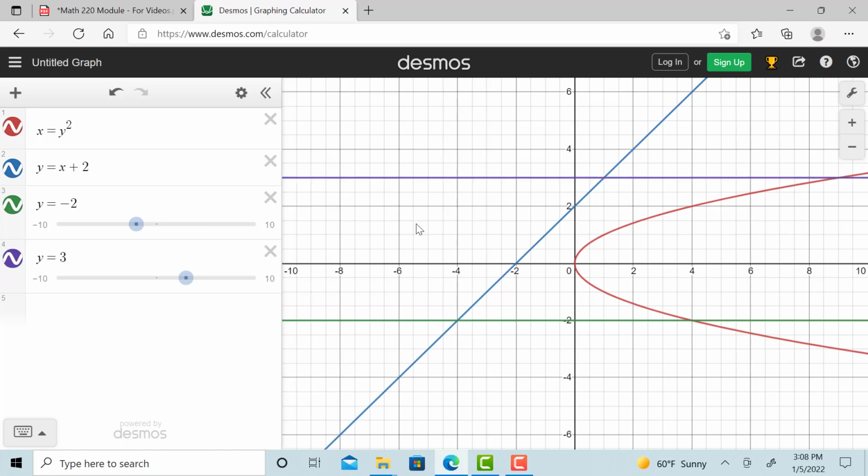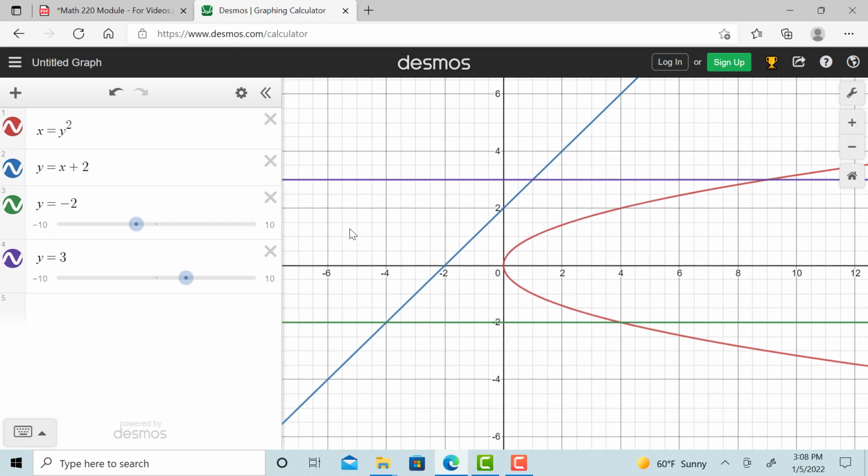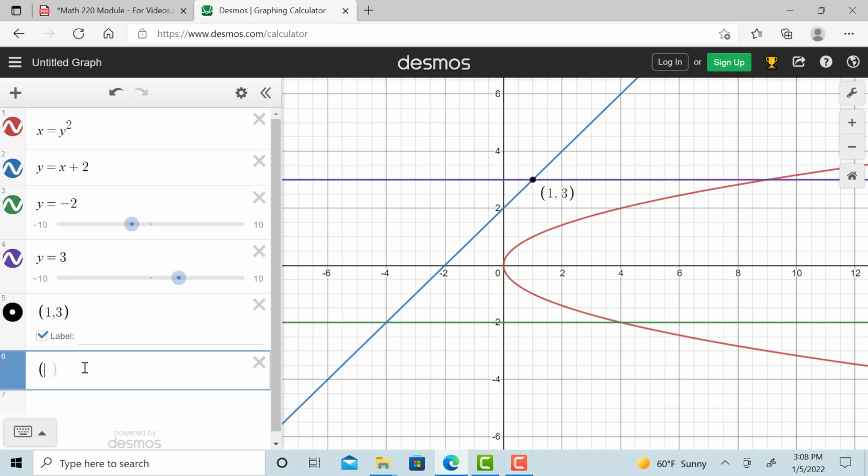If you look there, it definitely looks to be an enclosed region that's enclosed by all 4 of those curves. Some points of interest, some of those intersection points, there's a lot of them, but one of them looks like it would be 1, 3. Another one looks like 9, 3.